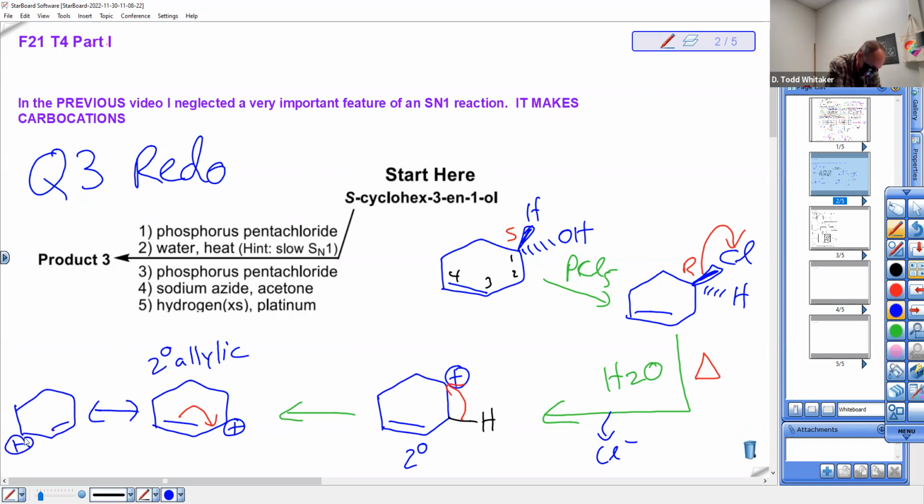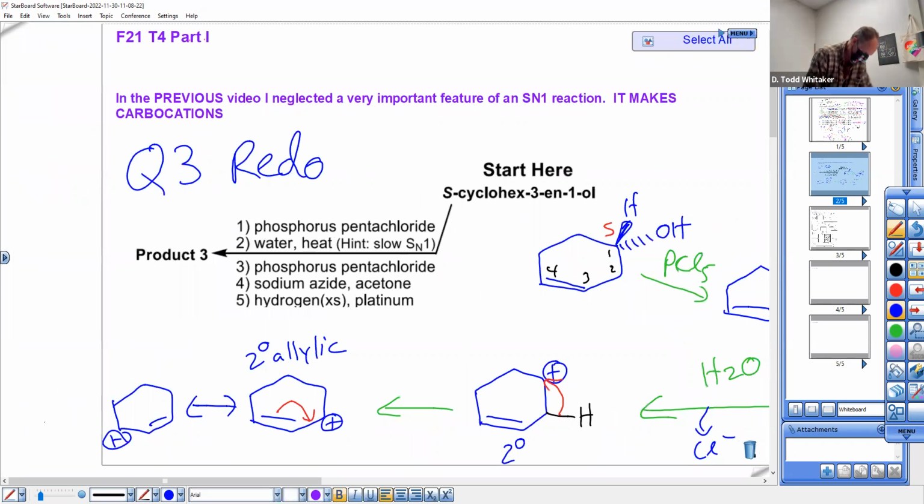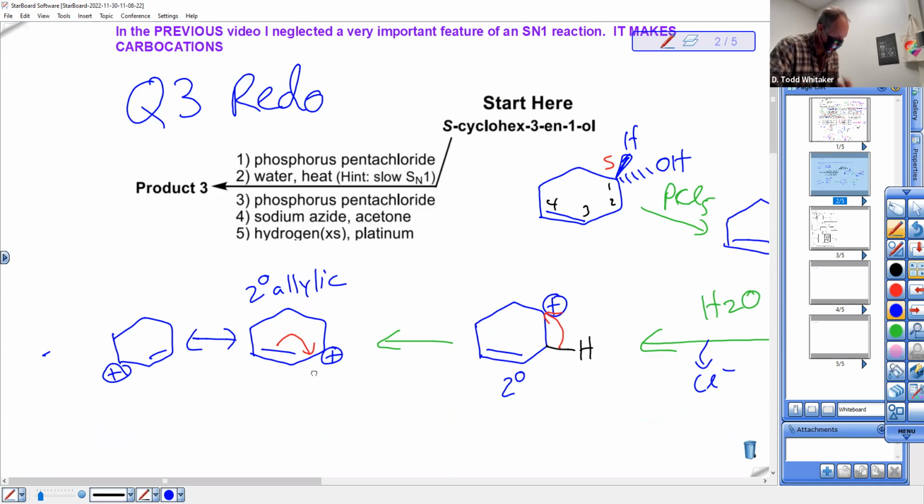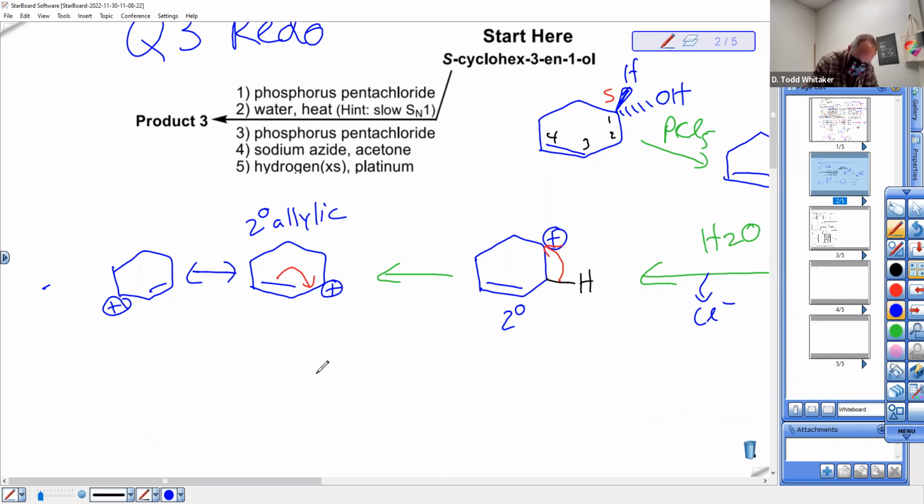It won't let me draw a cation there. There, cation. Okay. So no matter which resonance form you choose, your alcohol ends up where your cation was, sorry.